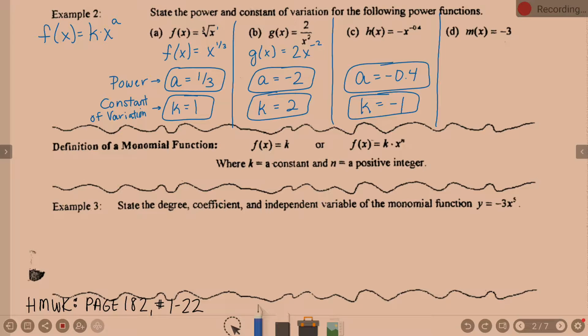A equals 1. So if we're saying a equals 1, that means there's a power of 1. What is our power supposed to be on?